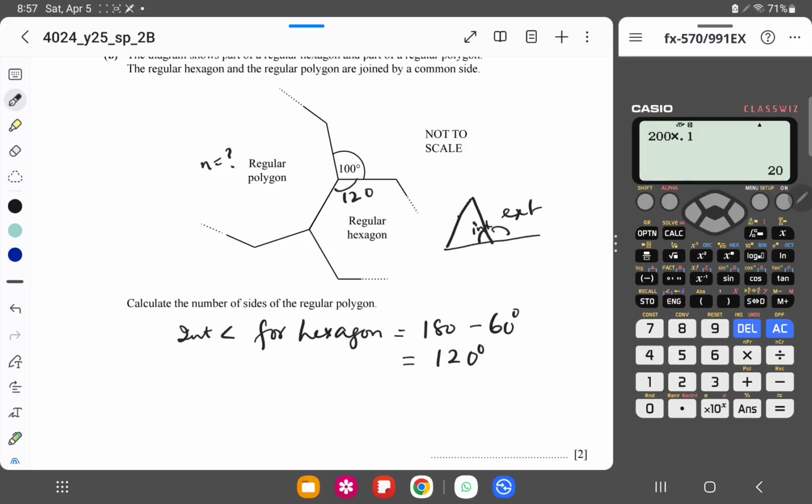If we know each angle of a regular polygon, there is no problem finding the value of n.